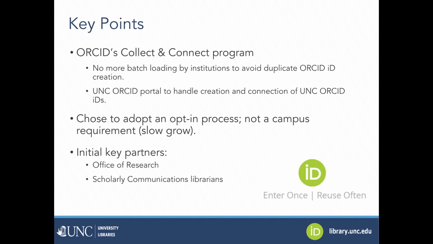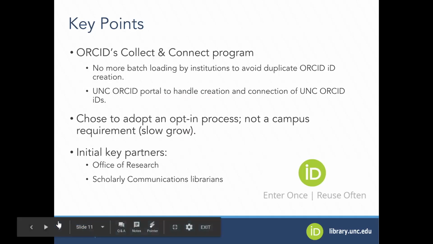So UNC and other member institutions who will be talking here have mostly set up locally authenticated ORCID portal pages that direct researchers to connect to ORCID, to create a login if they don't have one, or connect their ORCID ID to their institutional ID, or in our case, the UNC PID.